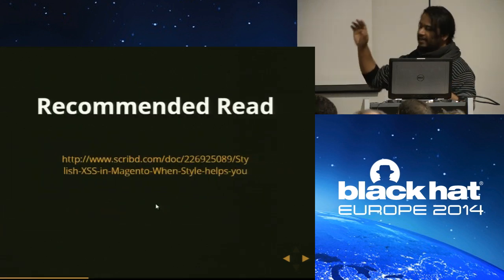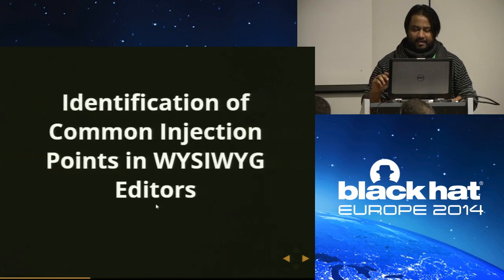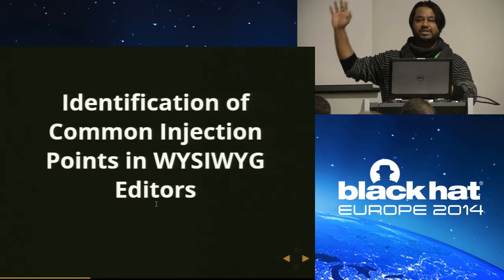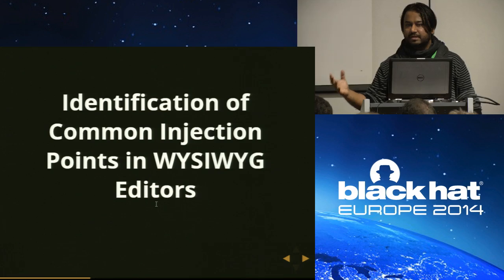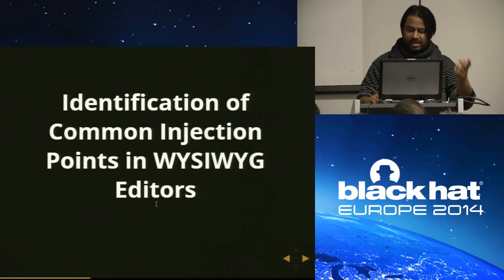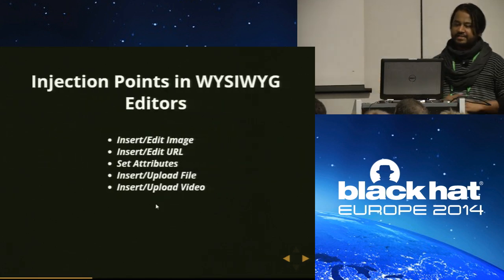I would recommend you read the short write-up. The write-up is available here. Everything is online, so you can read it from there. So this is the short story of a $1,000 bug, but now let's identify some common injection points, because I was using different tricks at a single place, but there is something common that anyone can use. These are the common injection points WYSIWYG editors have.